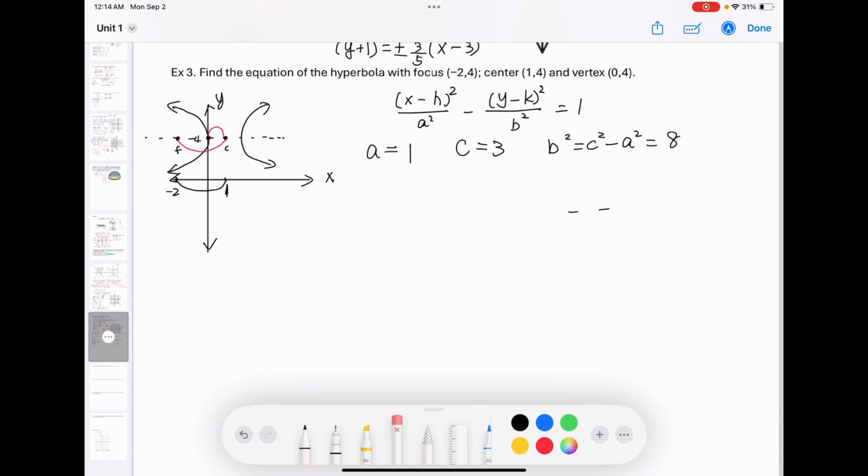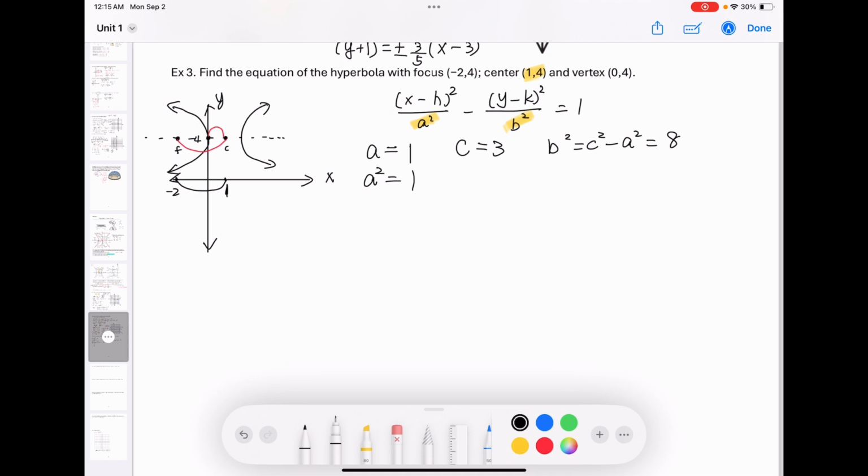So let's erase this. Okay, we have the h comma k. We also have the a and the b squared. So in our equation, we don't have the a. We have a squared and b squared. Let's find a squared. a squared is 1. We plug in all of the information. We have the center and we have the a and b.